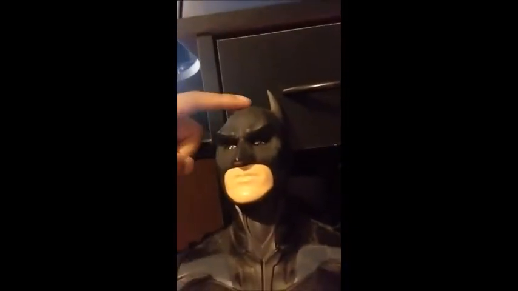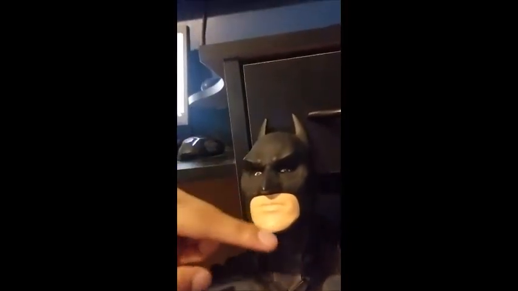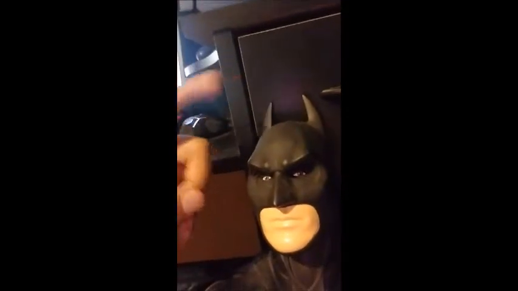So we can get Batman again. There we go. So we're talking about the midsagittal, the middle, of course. Basically the middle of his brain, which I don't have a model of, but we can imagine through Batman's armor and his thick skull out of this plastic.